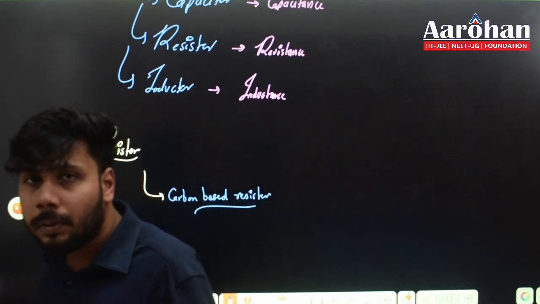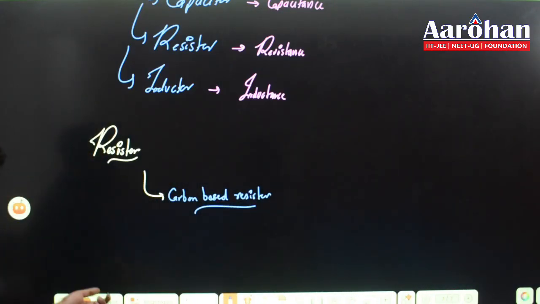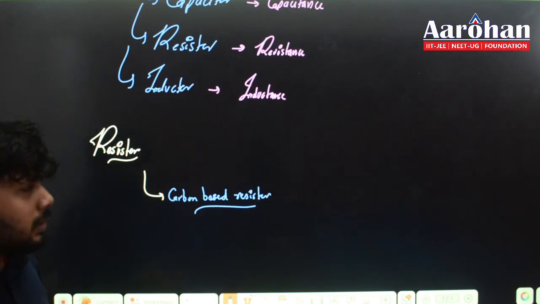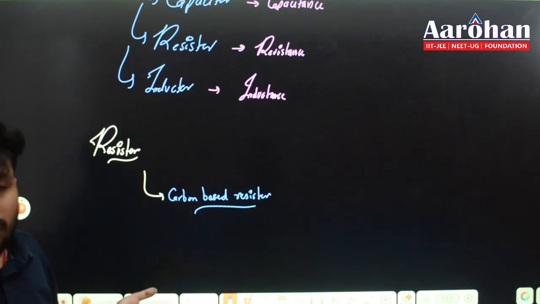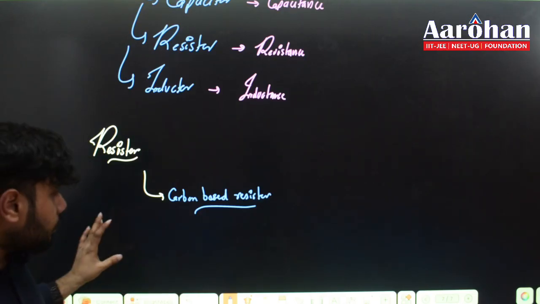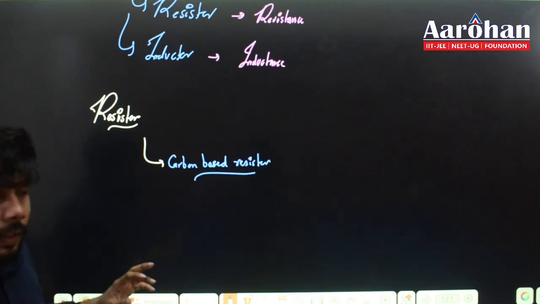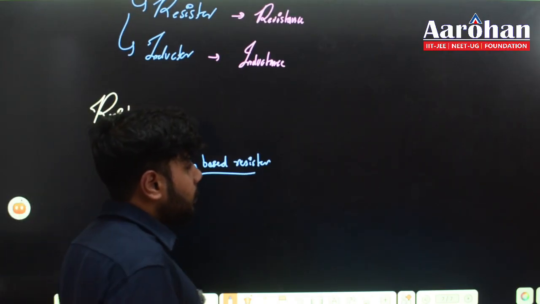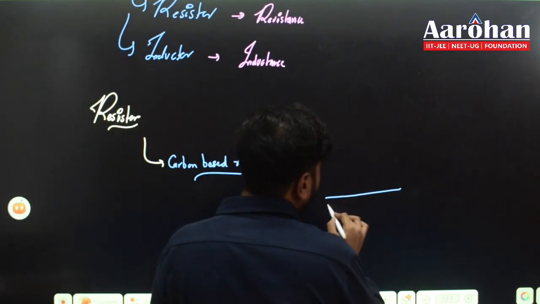Why are we talking about carbon based resistor suddenly? Even though I said a resistor can be anything, the reason is that a carbon based resistor is very small and it can give you very close to accurate values. And it is also cheap. But let's say you want to use copper wire.